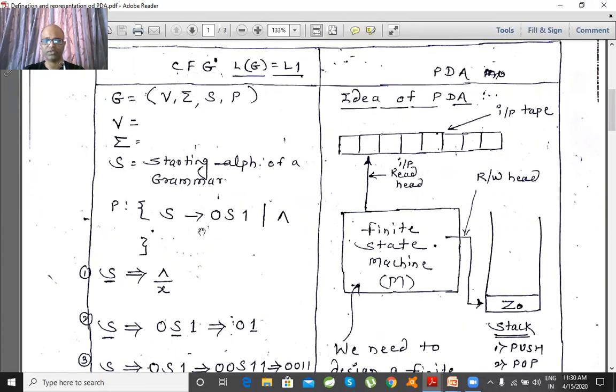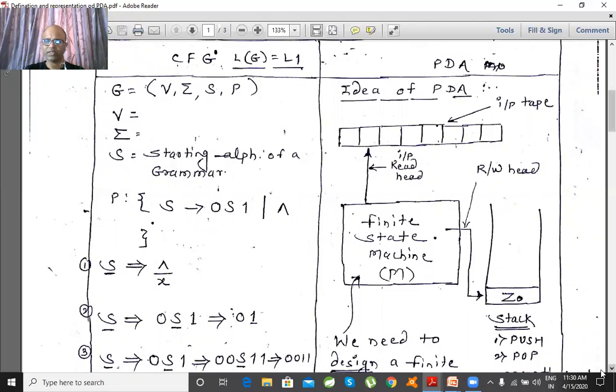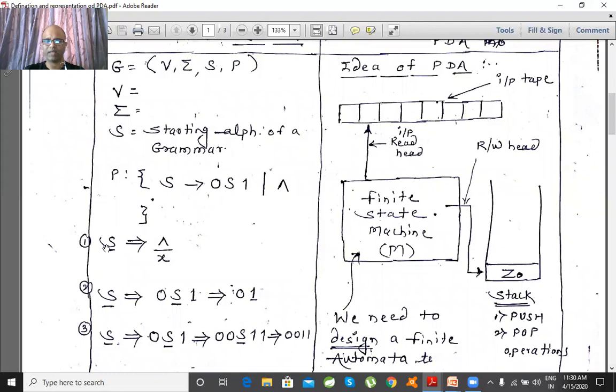In this, 0 raised to n, 1 raised to n, where n tends to infinity, is achieved with two grammar rules, where S is producing 0 S 1 or directly S is producing null. So S can be derived to null directly with its 0th iteration.